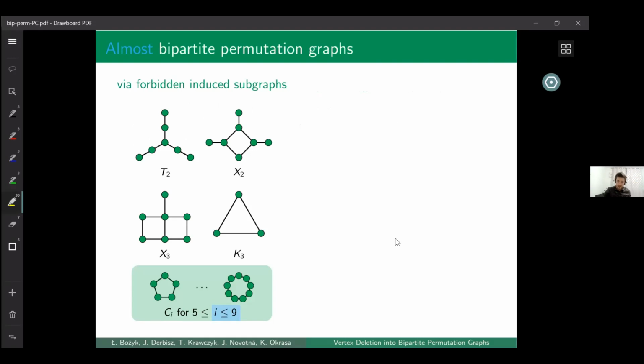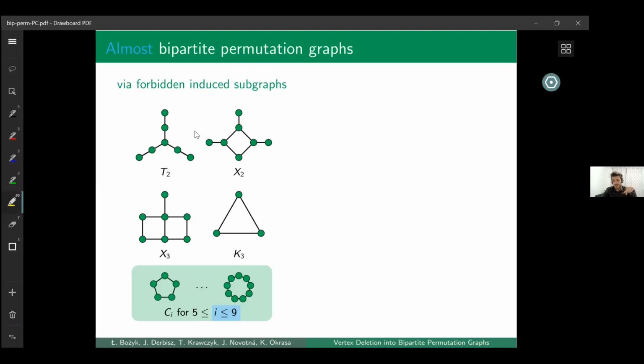It depends on whether it contains this T2 as a subgraph or not. So a generic forest not necessarily, because it can have this as an induced subgraph. Okay, so our almost bipartite permutation graphs are precisely graphs characterized by this finite family of forbidden subgraphs.